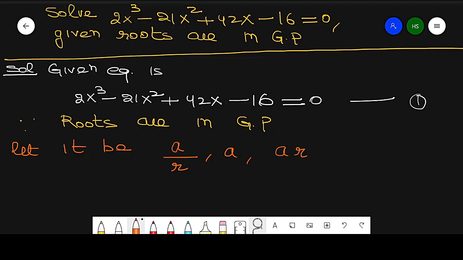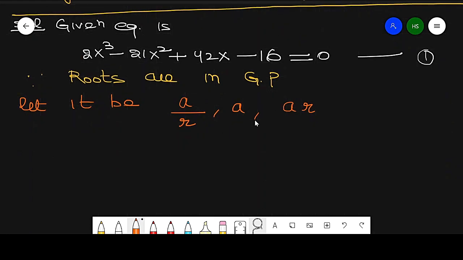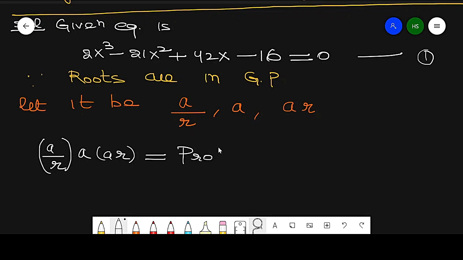Now if we take the product of these roots, that will give the value of a. So here our requirement is the product of the roots. What is the product of roots? It is a by r into a into ar.